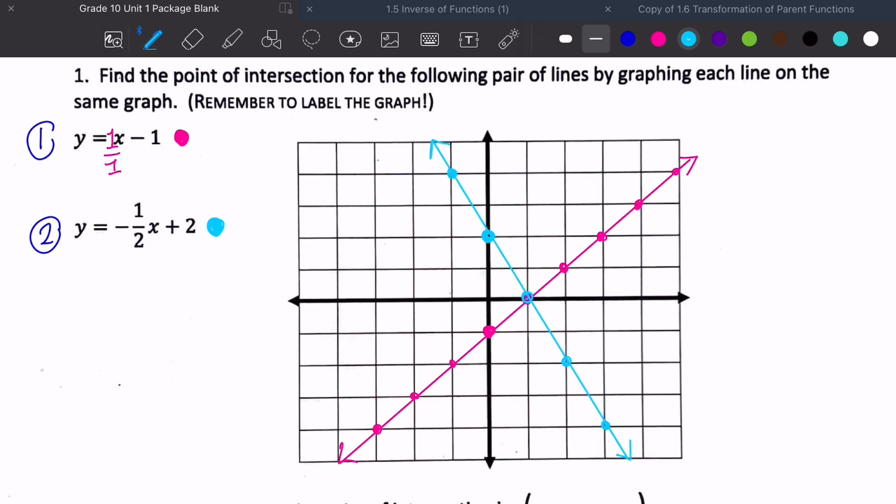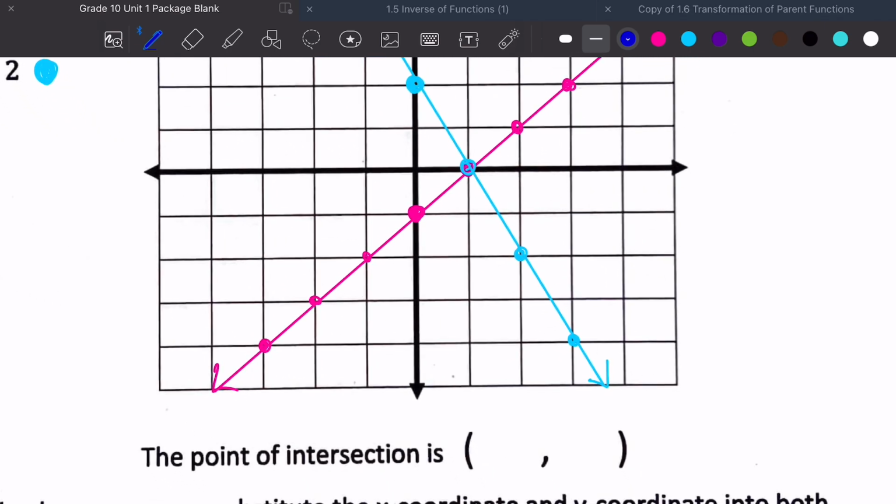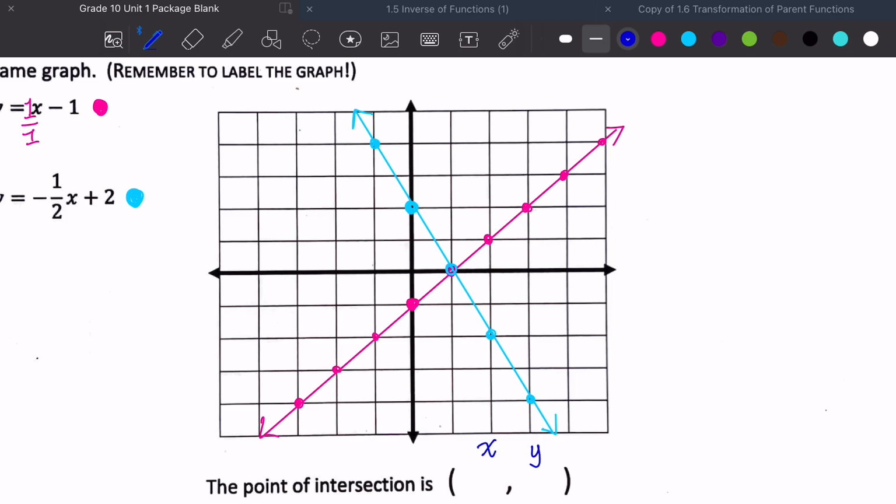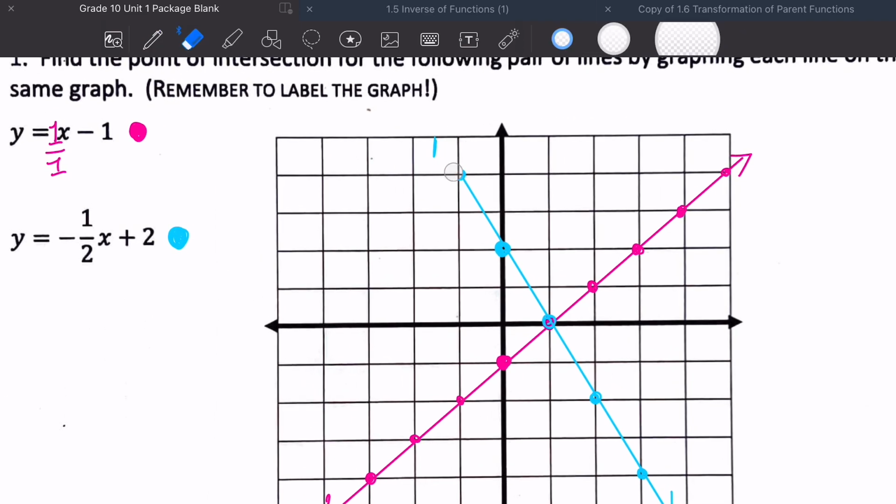When you want to say a coordinate point that they intersect at, you're going to put the x value first and then the y value. So what would be its point of intersection here? If the x is first, then the y, yeah, Elisa? Isn't the rise -1? Wait, wouldn't it be -1/2? You're right.